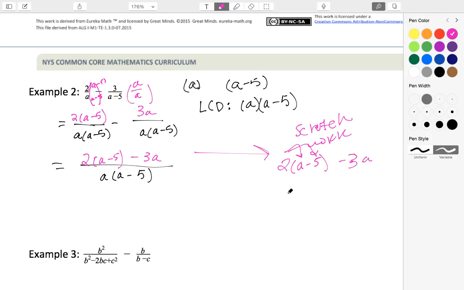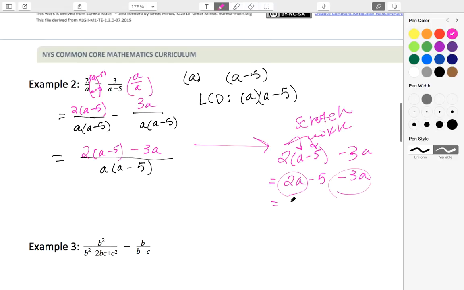Distribute the 2, I'll get 2a minus 5 minus 3a. I can see here, I can combine like terms, and I'll get minus a minus 5. So my new numerator is negative a minus 5, all under the common denominator of a minus 5.